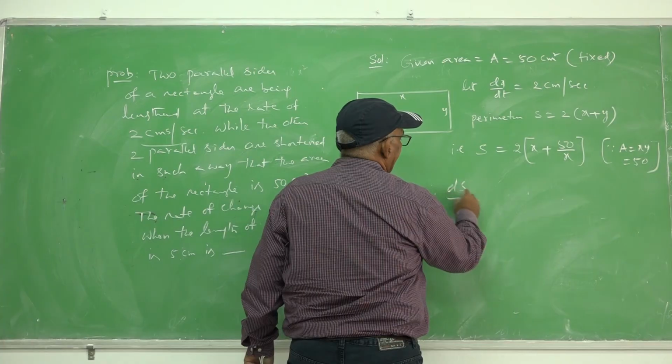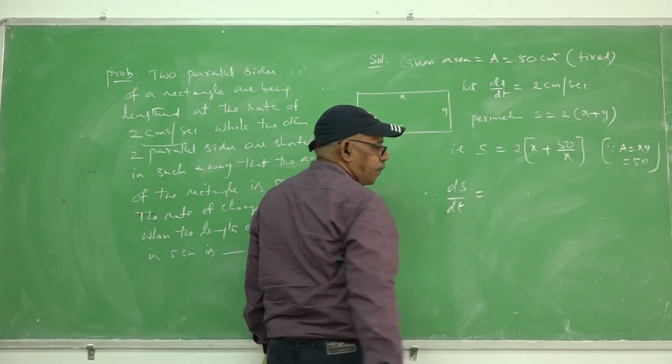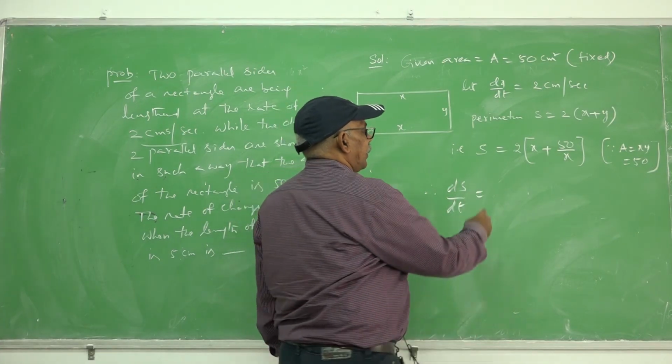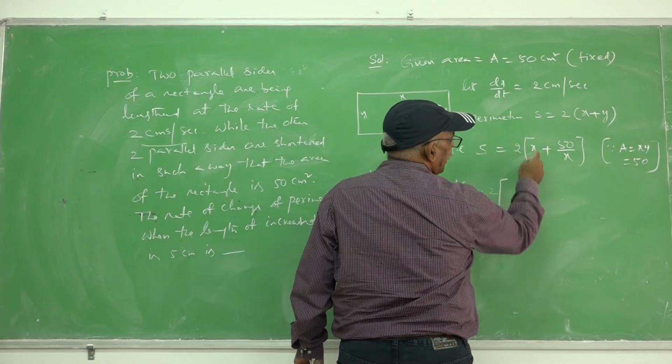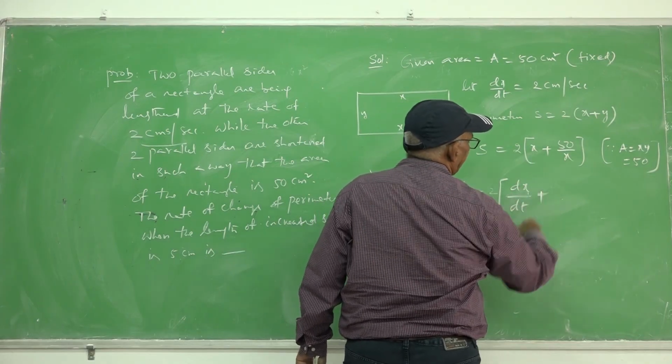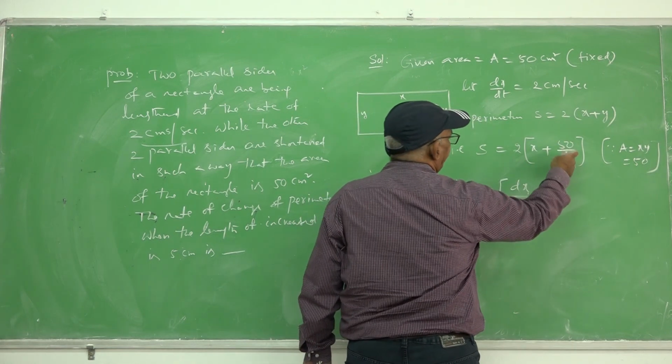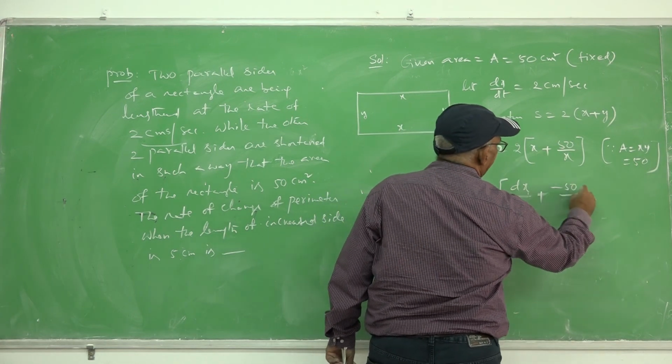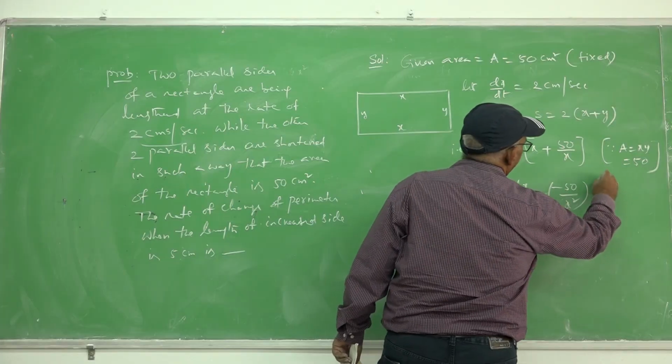Therefore ds by dt, the rate of change of perimeter, differentiating with respect to t, is twice dx by dt plus the derivative of 50 by x, which is minus 50 by x square into dx by dt.